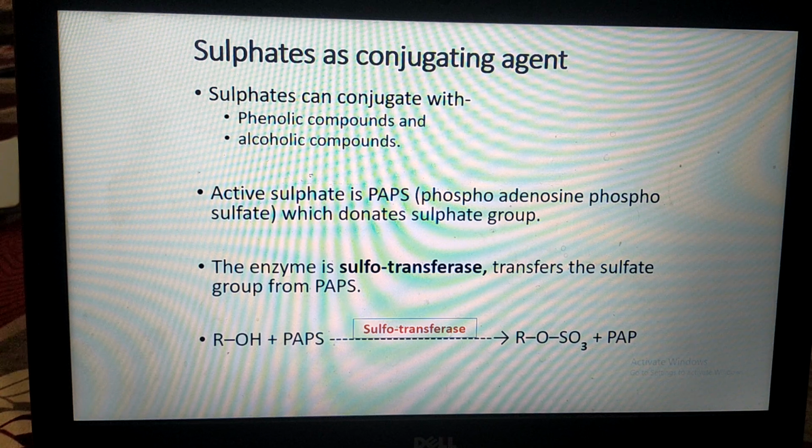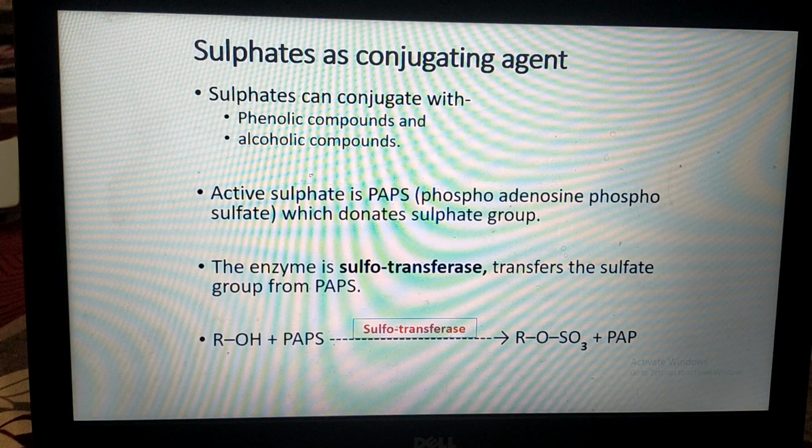Now here ROH is a xenobiotic which has come from phase 1 reaction, reacts with PAPS, and the sulfate group SO3 is transferred to this xenobiotic so that it becomes more soluble in water. ROH is less soluble, whereas ROSO3 is more soluble in water, so that it can be removed easily from the body.